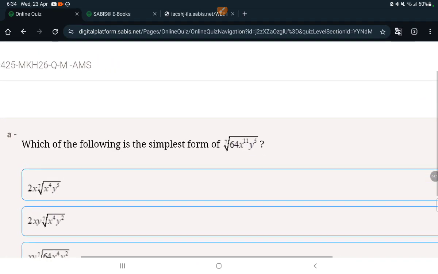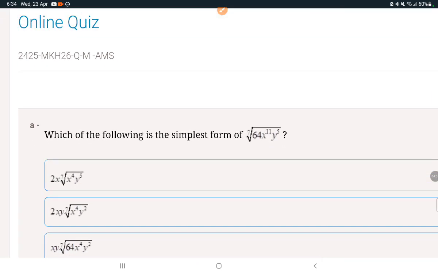Okay, so for these algebraic questions, this is algebra. So this is the nth root. First of all, you have to look at the index. This little number on the outside of the radical, but on the top.